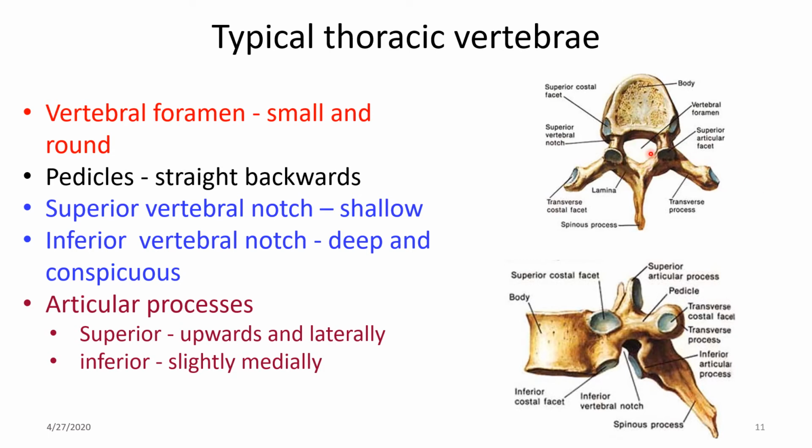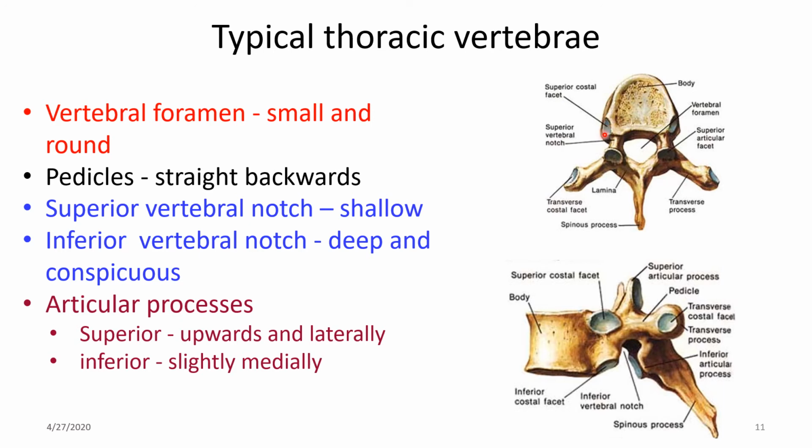So these facets are for the ribs. Then focus on the vertebral foramen, which is small and rounded. The pedicles are going straight backwards, and they have a notch, the pedicle above, that is the superior vertebral notch, and inferiorly, that is the inferior vertebral notch. So observe the difference between the superior vertebral notch, which is shallow, and the inferior vertebral notch, which is deep and more conspicuous.